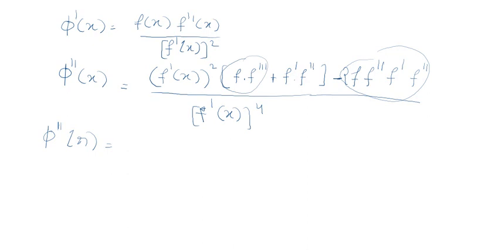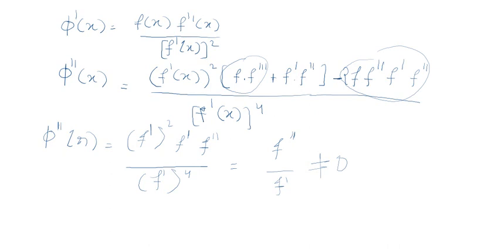So what you will remain with is f dash square times f dash times f second derivative, that is the only term that survives in the numerator, divided by f dash to the power 4, which is equal to f second derivative divided by f dash, and which is non-zero because both are non-zero at r.